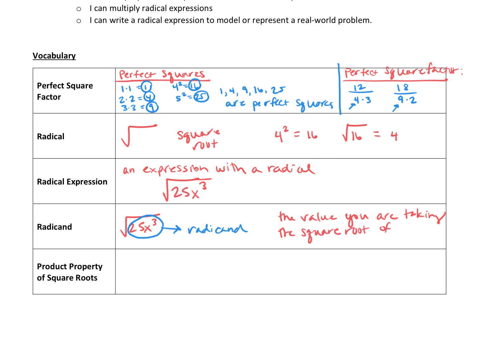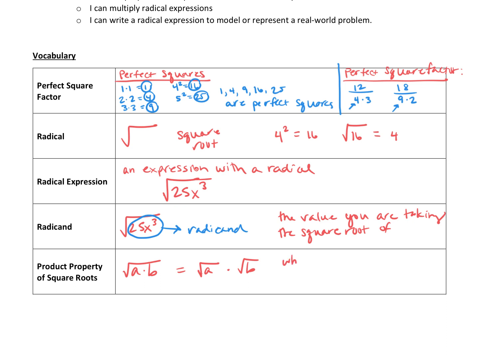All right, and then last we have something called the product property of square roots. We're going to use this a lot in this lesson. If you take the square root of a product of a times b, that is equal to the square root of a times the square root of b.